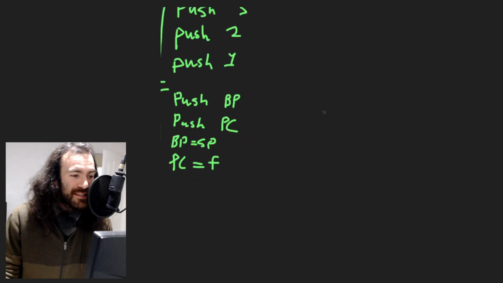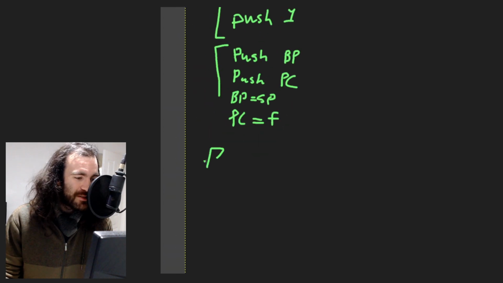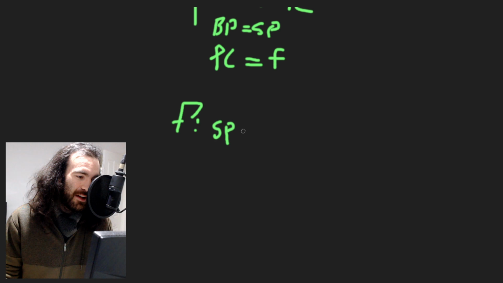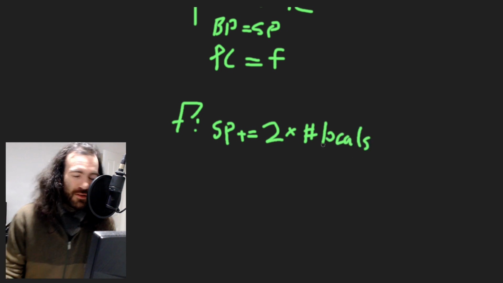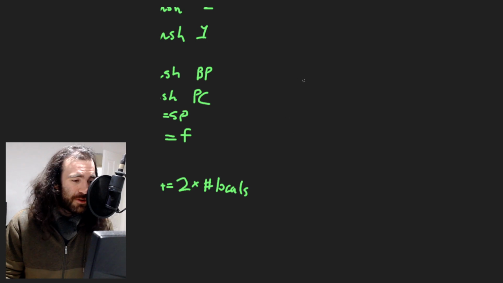Okay, so this sets up two really important things. Once we jump to f, the other thing we have to do is increment the stack pointer by 2 times the number of locals. Also very important. So then we end up with what I've kind of been calling a stack frame, right?